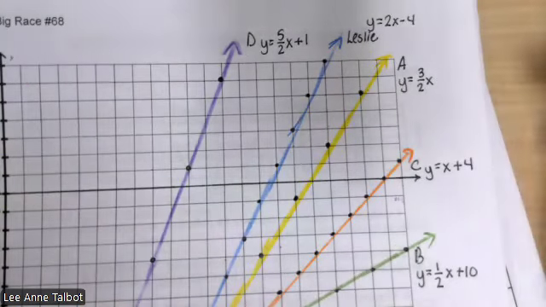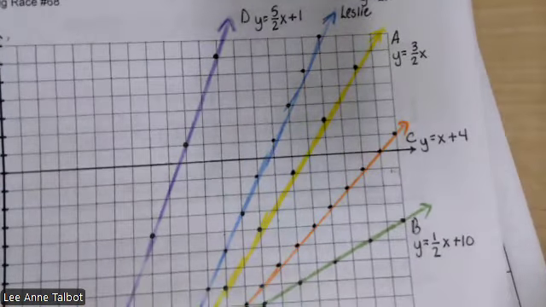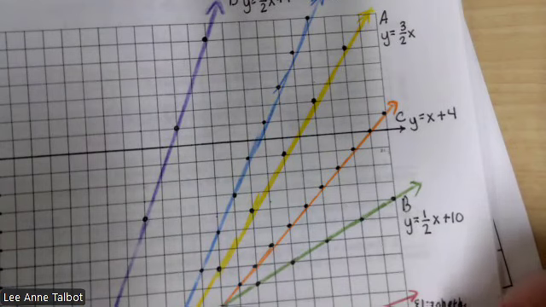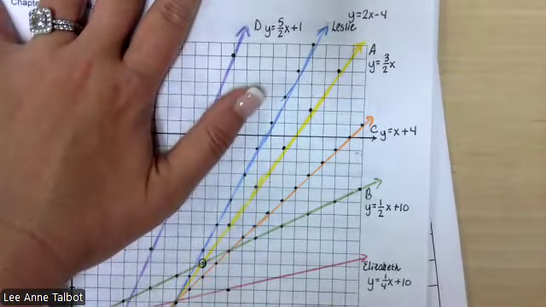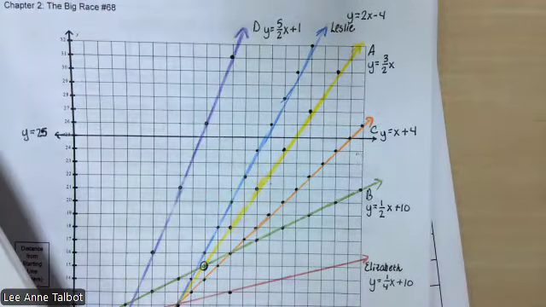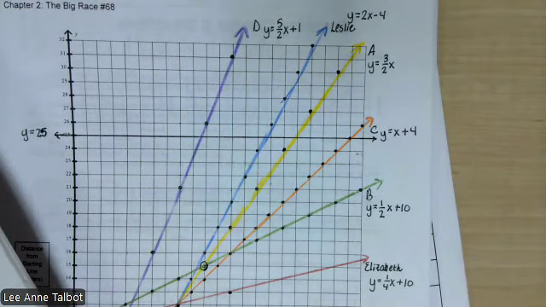And then Elizabeth is y equals 1 over 4x plus 10. Are we good on that? Hopefully you guys were doing that as you went.